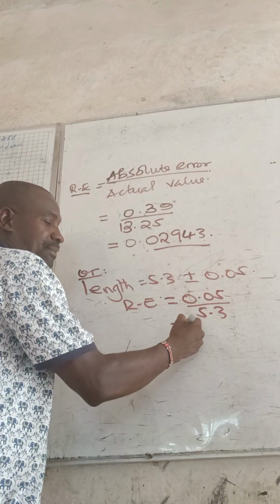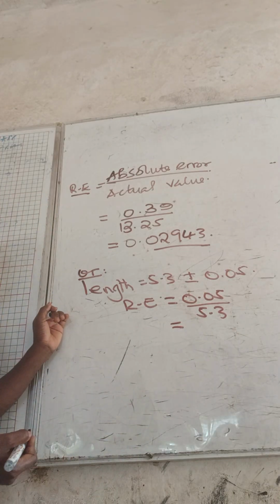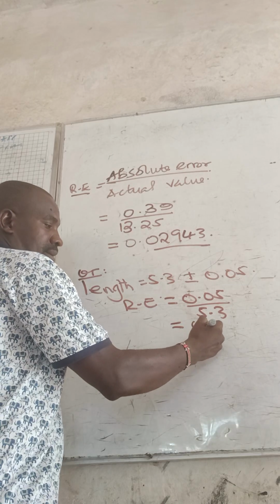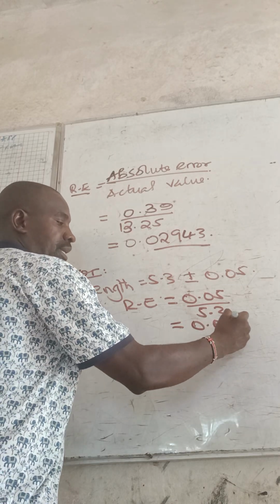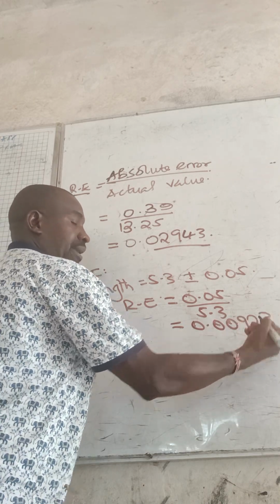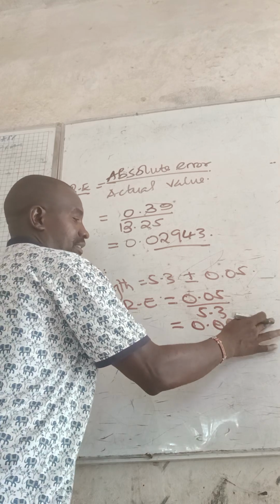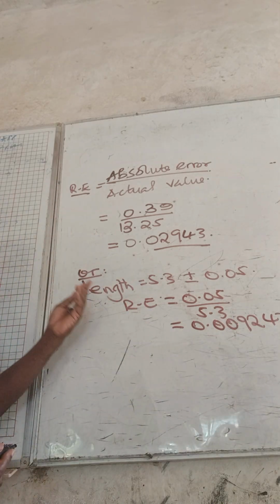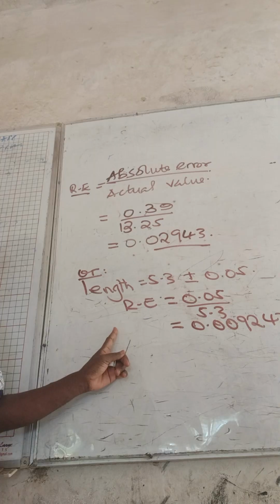What do you get? 0.009433. You're looking at the alternative.